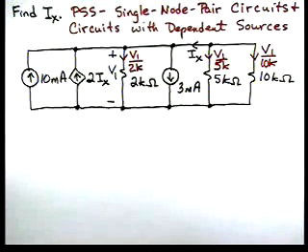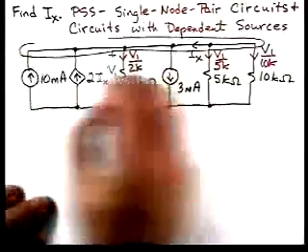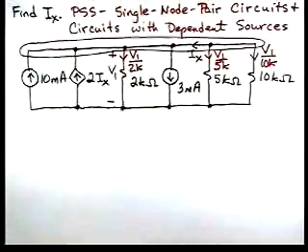Now we have one unknown voltage V1. We're going to apply KCL at one of the two nodes to come up with that equation, and I'm going to use the top node. Let's sum currents leaving that node and set it equal to 0.